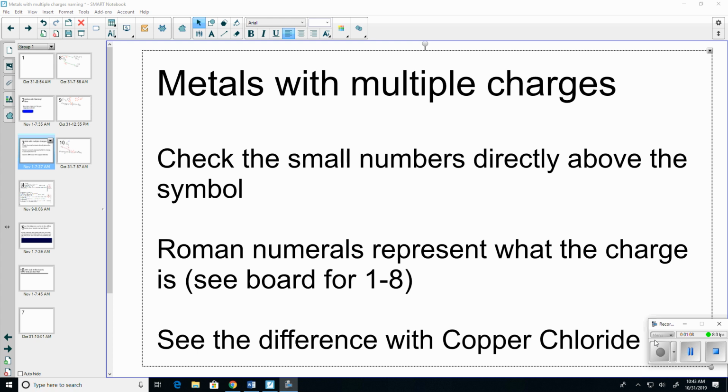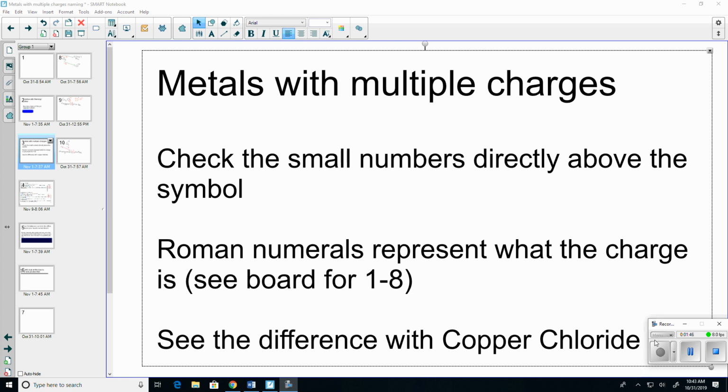So before I continue on talking about this any further, let's just make sure we address something here. Why don't you look at sulfur on your periodic table? Do you see several little numbers above sulfur? Ignore them. For the non-metals, things to the right of the staircase, only pay attention to the big charges that you wrote above the column. The reason why is when you look at the key on your periodic table, those tiny little numbers are called oxidation states.